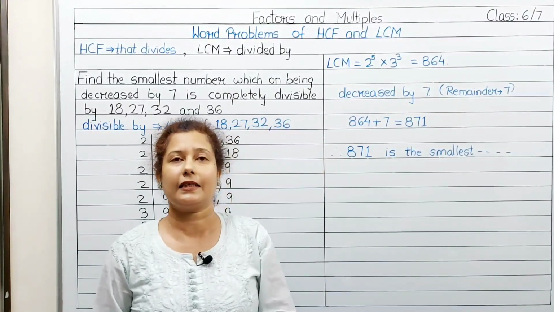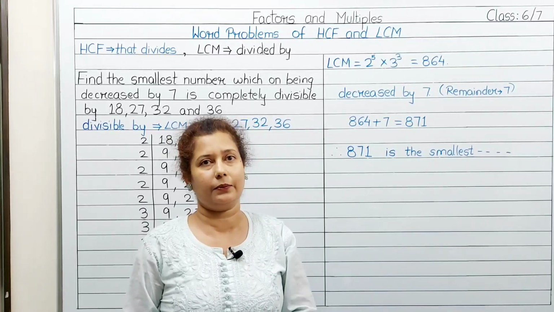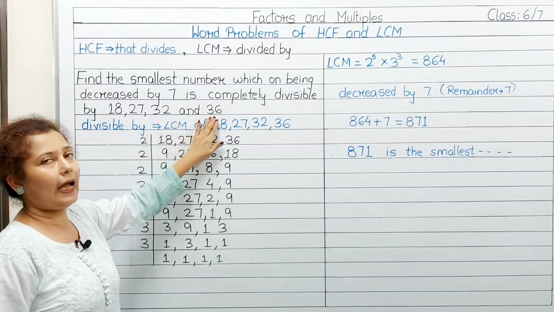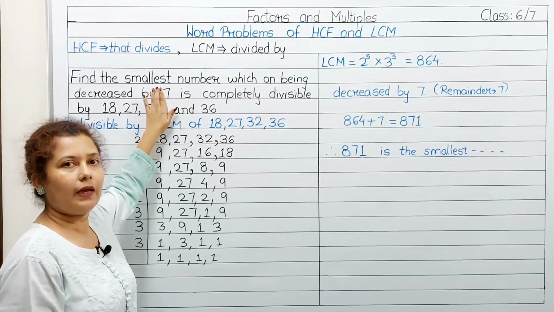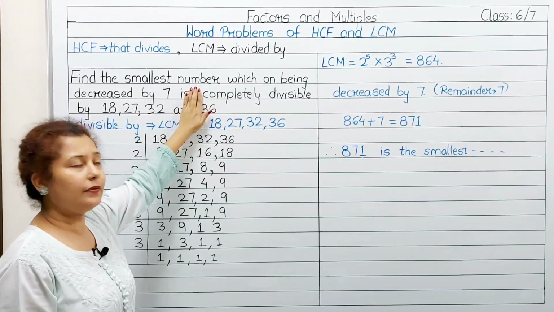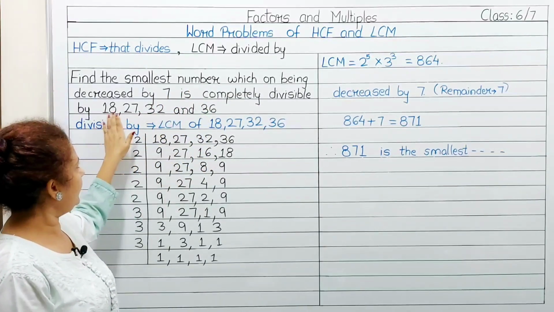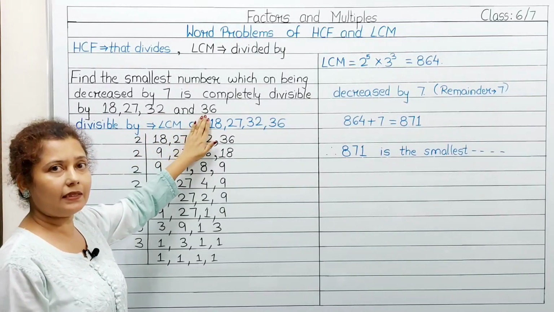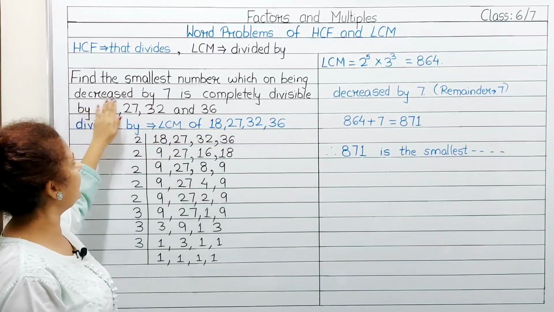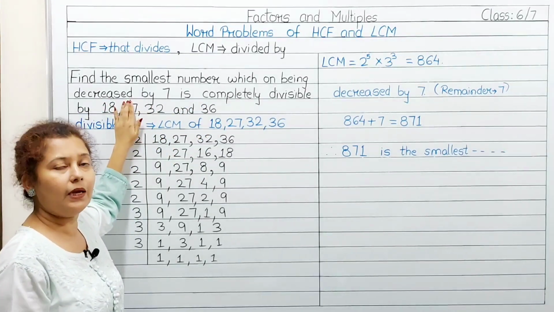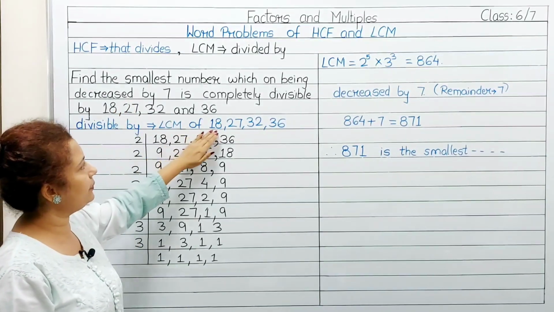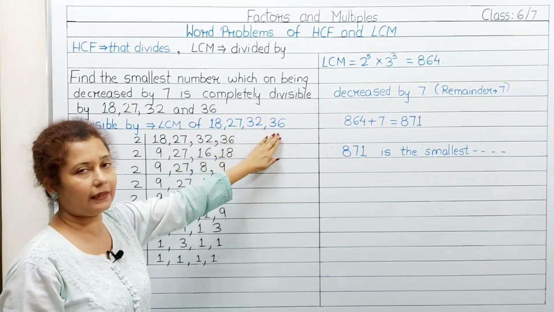Now this 864 is completely divisible by the given numbers, that is 18, 27, 32 and 36. Here we have to find the smallest number which is divisible by 18, 27, 32, 36, but the remainder should be 7. That means here, on being decreased, means when we decrease that number by 7, then only it should be divisible by 18, 27, 32 and 36.